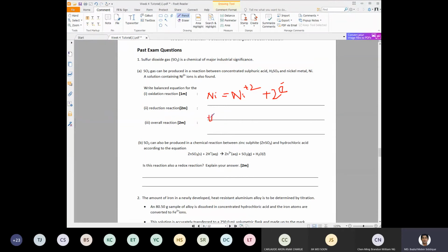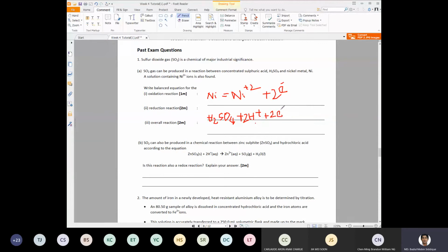Okay, the sulfuric acid, H2SO4, and then hydrogen ion and electron, hydrogen ion and electron, right? And there should be 2 electrons, so that sulfur dioxide and water can be produced.